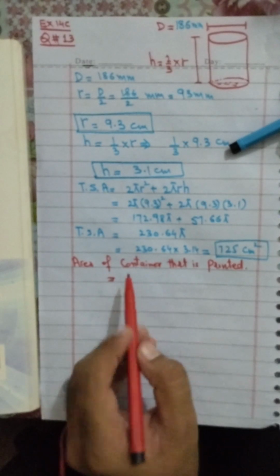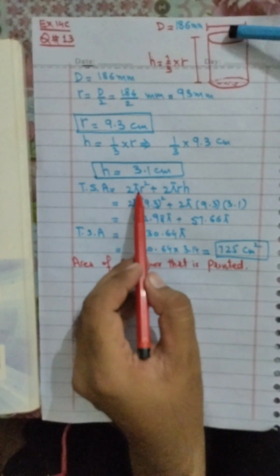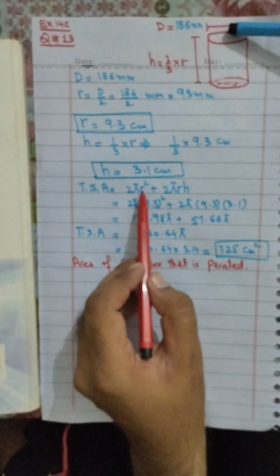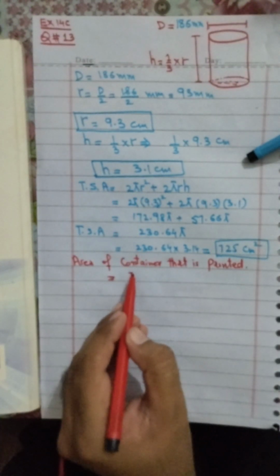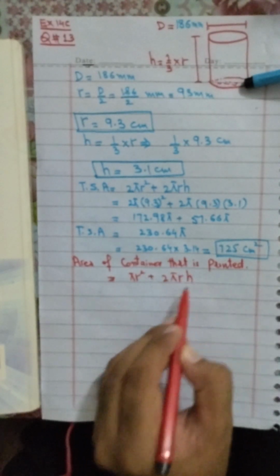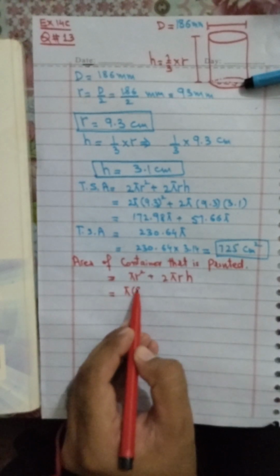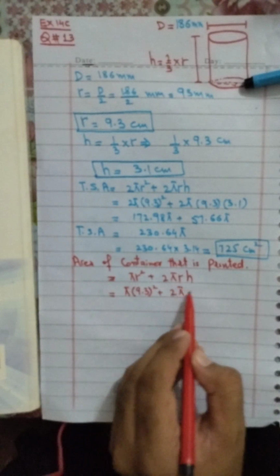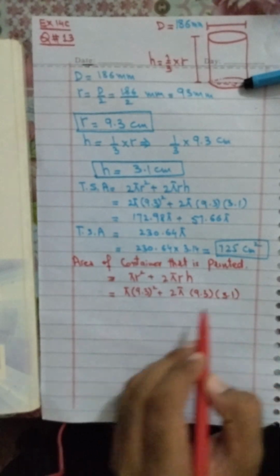So we will not consider the 2 pi r squared. The 2 is for two bases, one base and two bases. Pi r squared is the circular area, so if there is only one circular area, we will remove this 2. It becomes pi r squared this time plus 2 pi r h. The rest of the values remain the same.